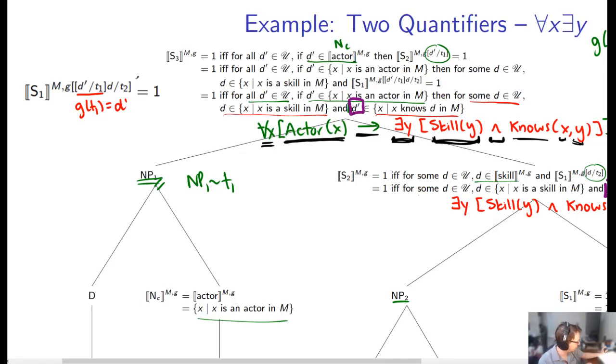So t1 is being bound by d prime, and then the second part happens after, where g of t2 is now being sent to d. So in other words, there's two bindings happening at this stage. T1 is being bound by D prime and T2 is being bound by D. So I'm just including the two bindings there.